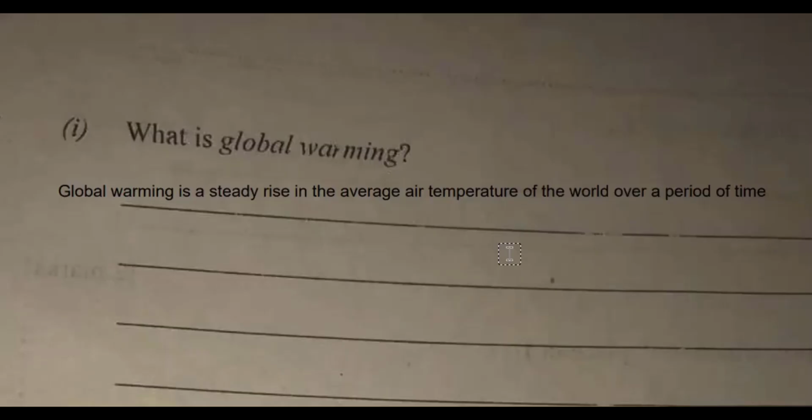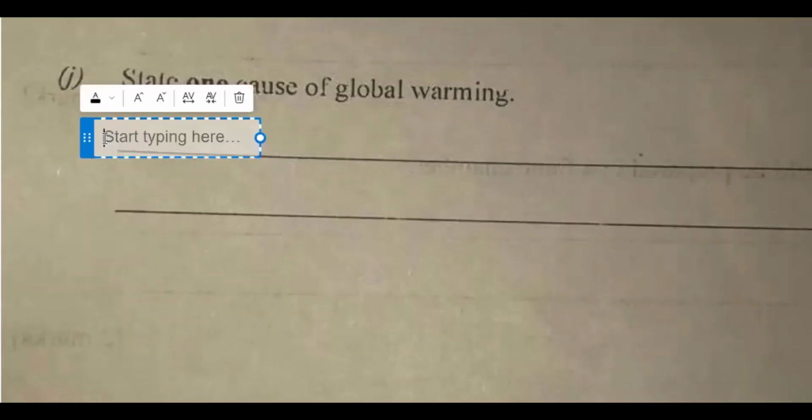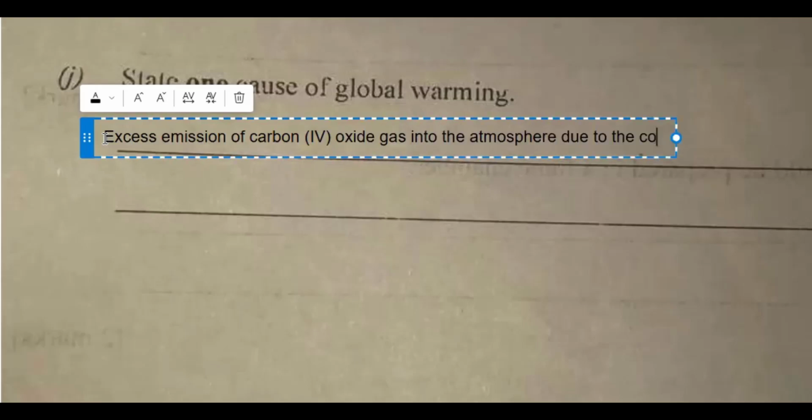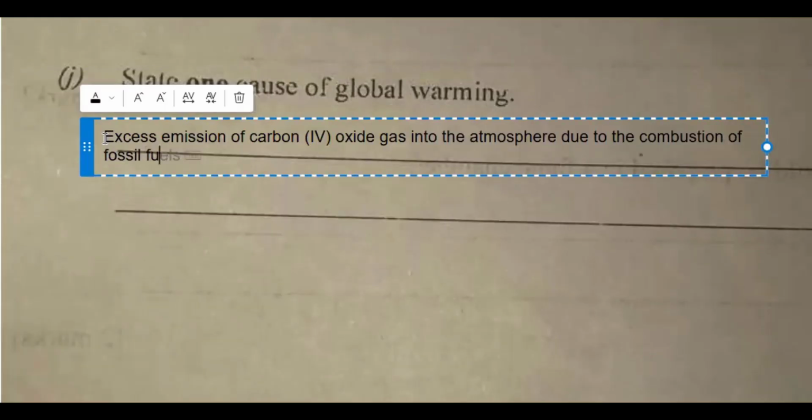Let's move on to the last question. State one cause of global warming. Like I've already explained, what will be the one cause of global warming? You can say excess emission of carbon dioxide gas into the atmosphere, right? Due to the combustion or burning of fossil fuels.